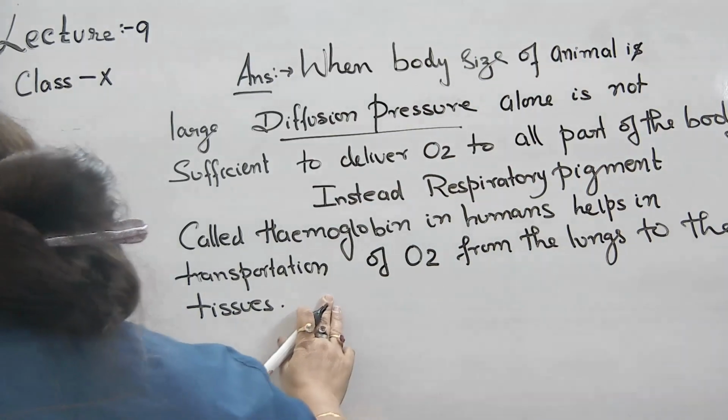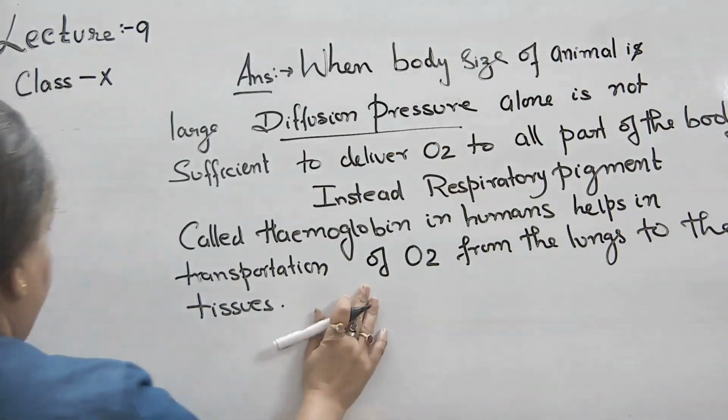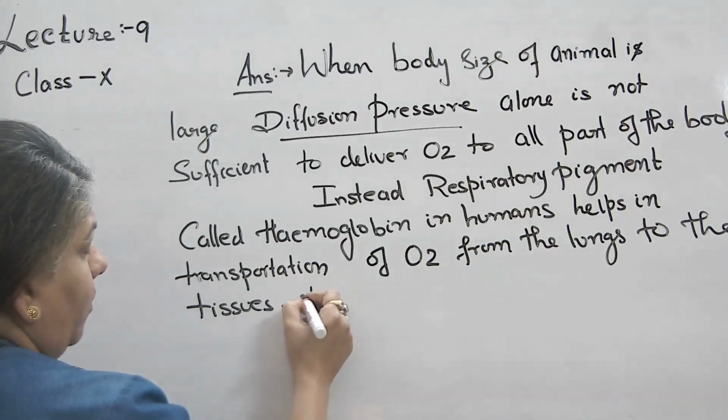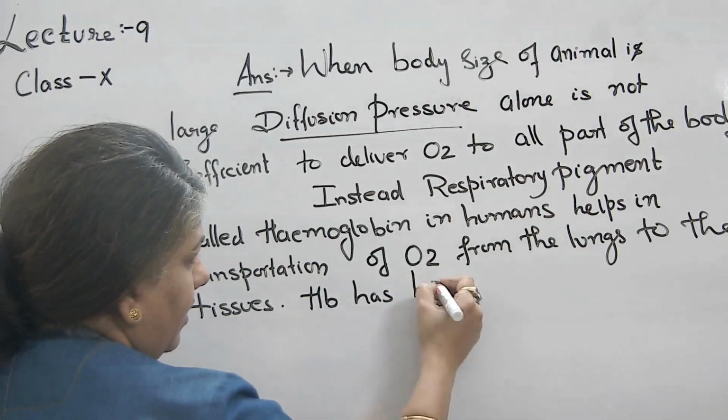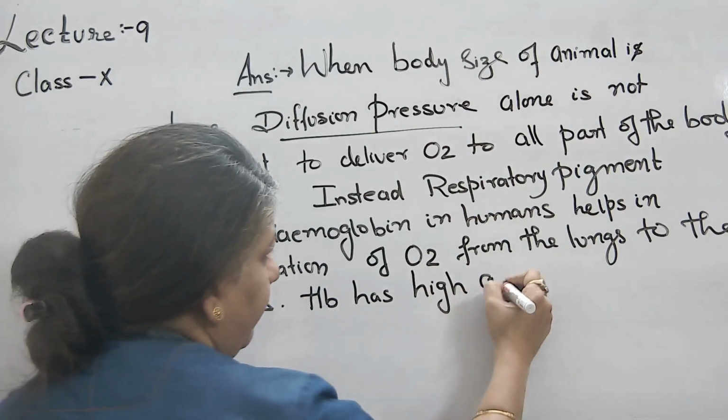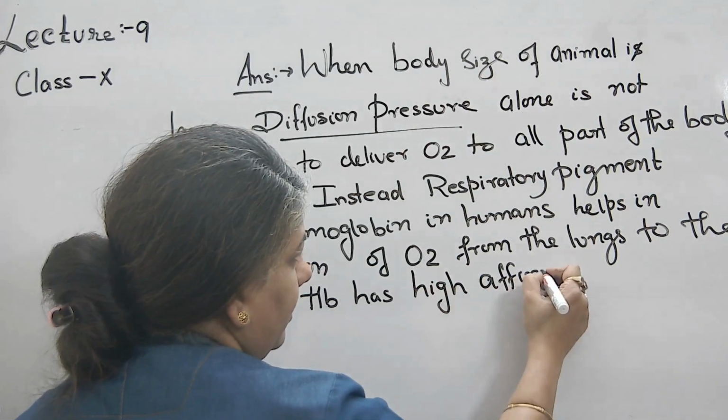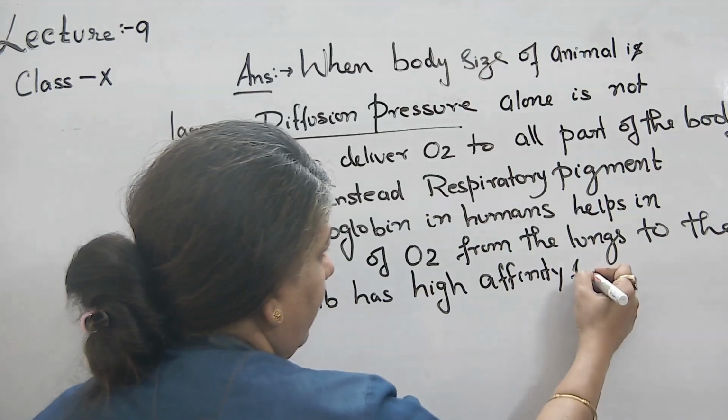See, it has high affinity for oxygen. The hemoglobin has high affinity for O2.